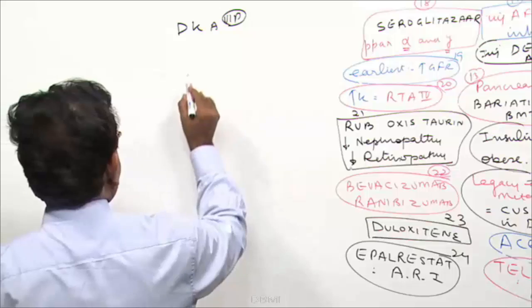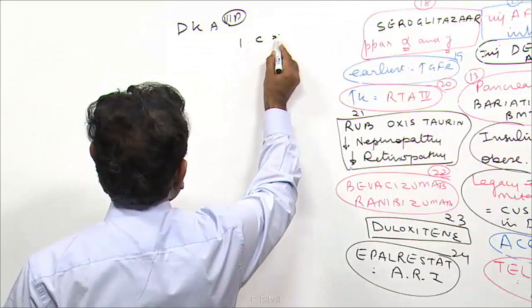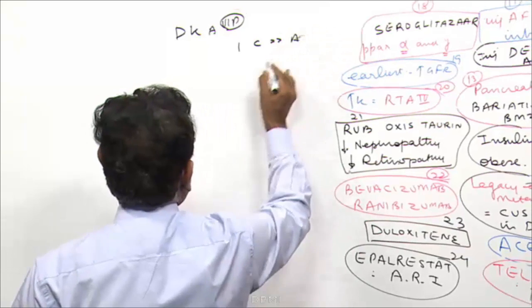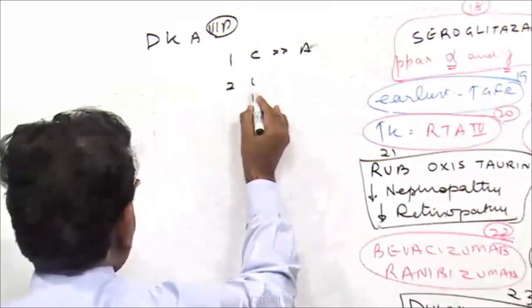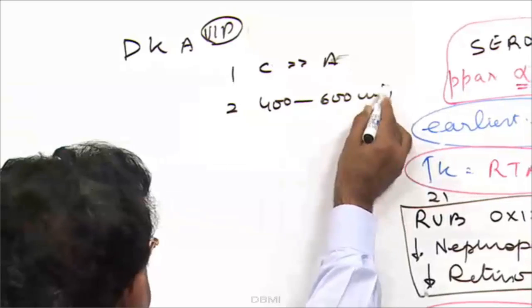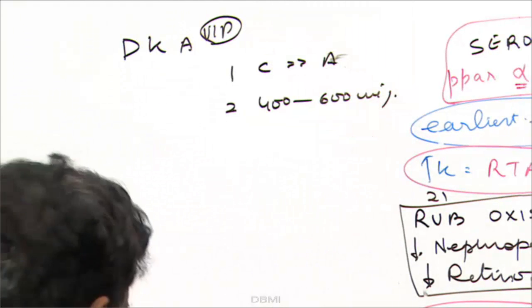DKA is more common in children as compared to adults. Sugar value is in the range of around 400 to 600 milligram percent.